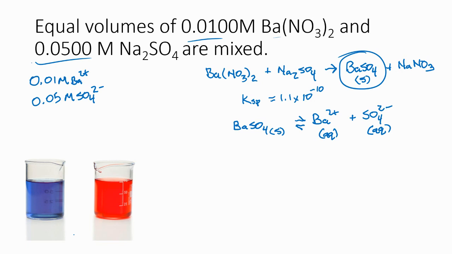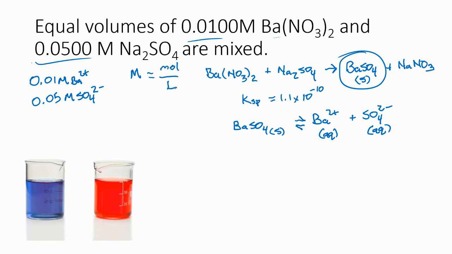This picture below should demonstrate that. Let's pretend one is barium nitrate and one is sodium sulfate. I know that that's actually not true. Neither one has color. They're clear. But think about what molarity means. Molarity, capital M, is moles per liter.